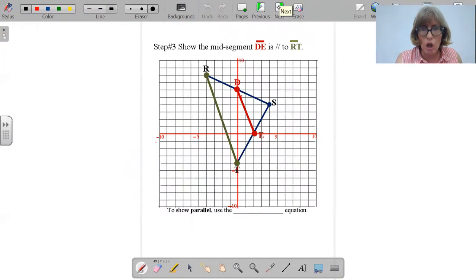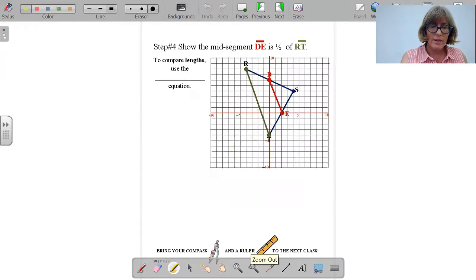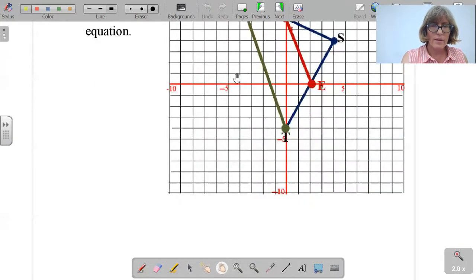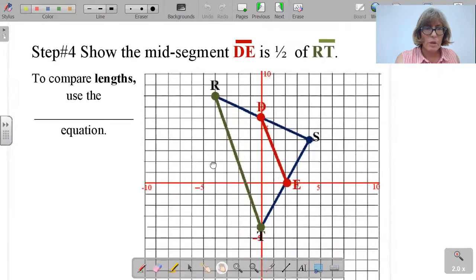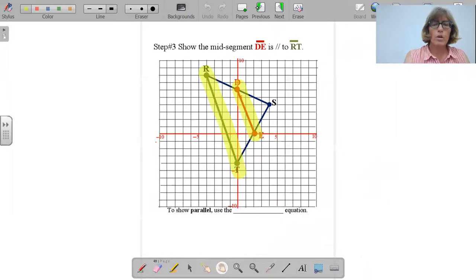So now we're going to show that this is parallel to that mathematically. You can't just say, they look parallel. I can bunny hump it. Mathematically, I need to see the mathematical computations. So, to do that, we're going to use the slope equation.